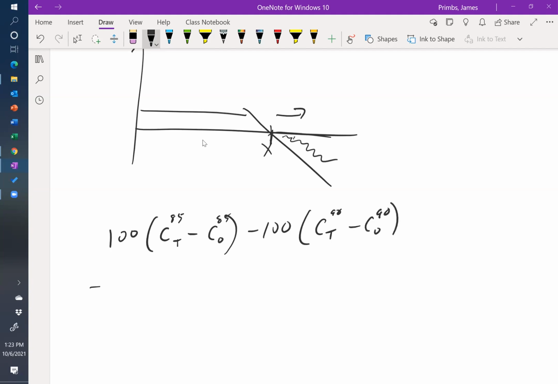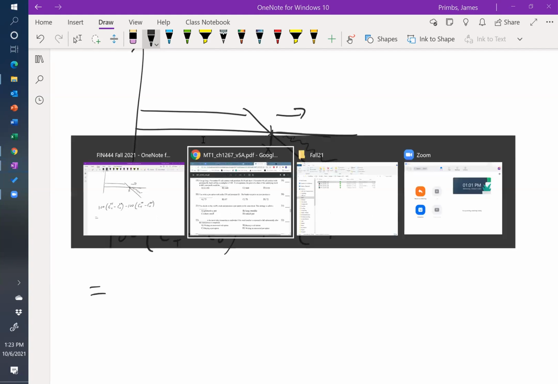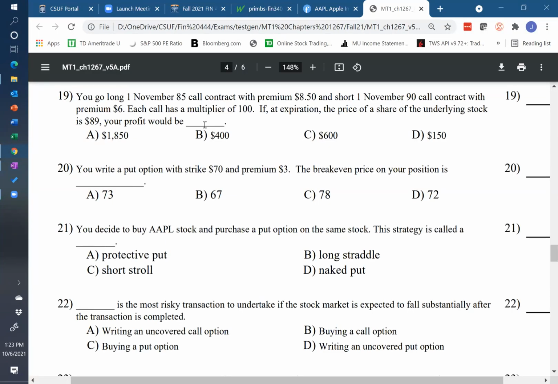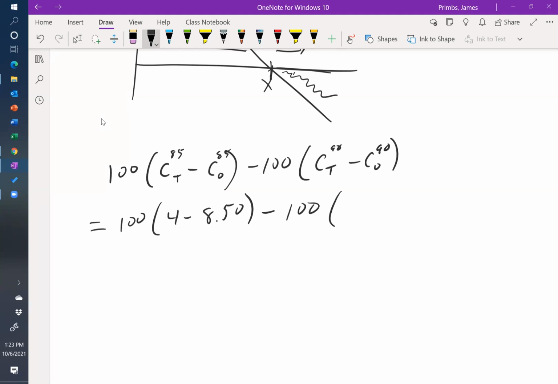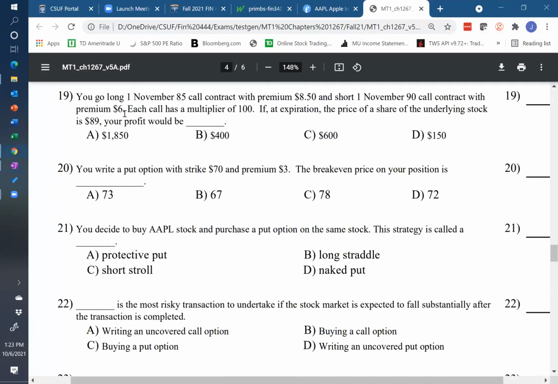So all I need to do is just calculate my profit or loss here. So the 85 strike ends up in the money $4. The premium was $8.50. And the 90 strike out of the money. I don't remember what the premium was. $6.